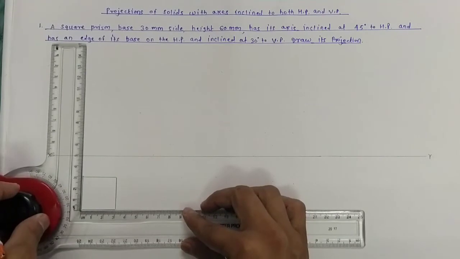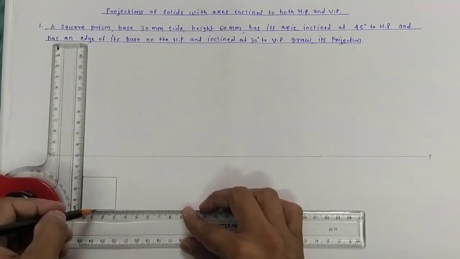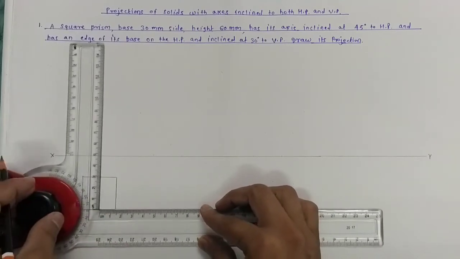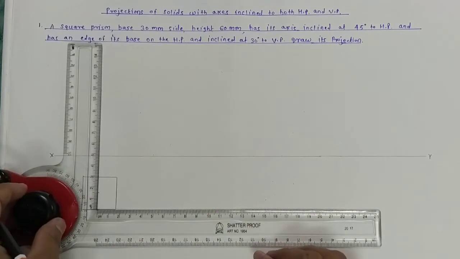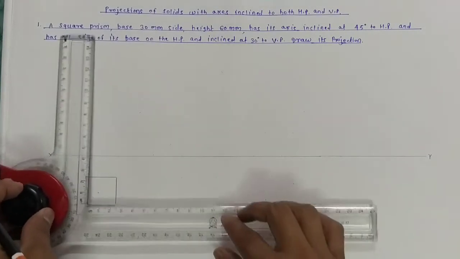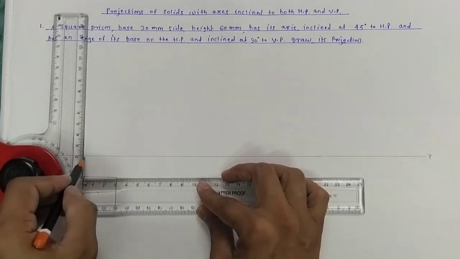Find out the center of the square prism. Now the axis height is given. Axis height is 60 mm. So draw the front view.